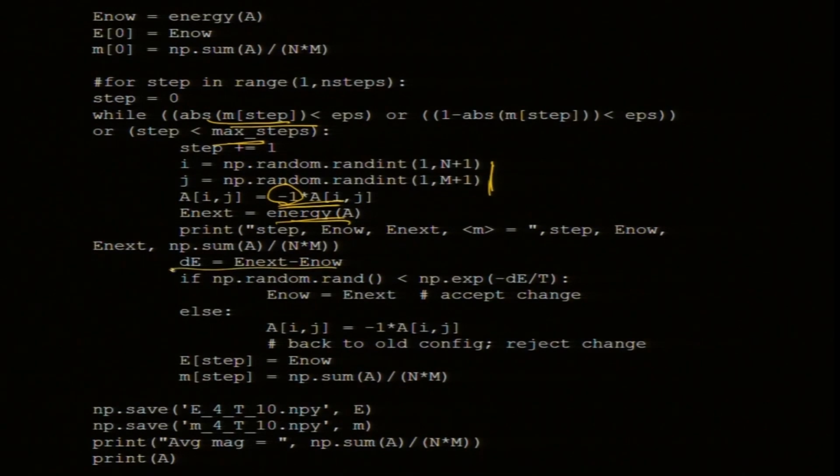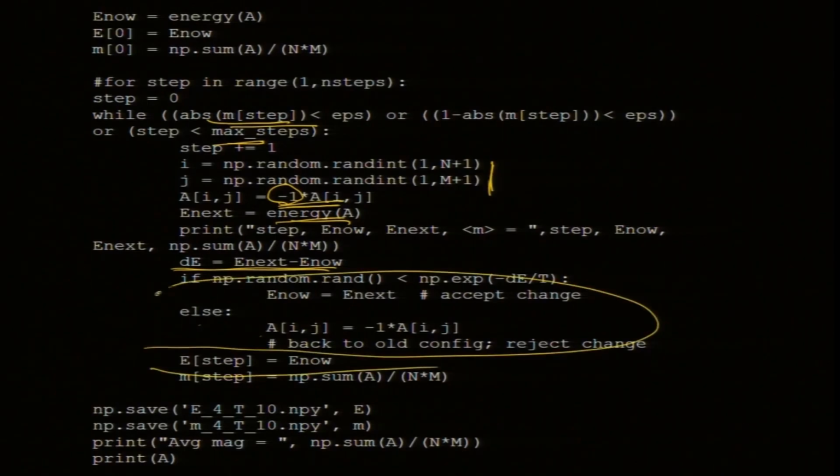so D is E next minus E now. If the energy is less than, okay, I am just doing it here. So I take a random number, and if the random number is less than e to the power minus, so there should be one if, D, to accept the change.